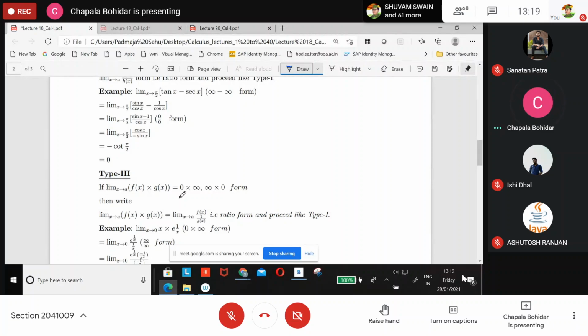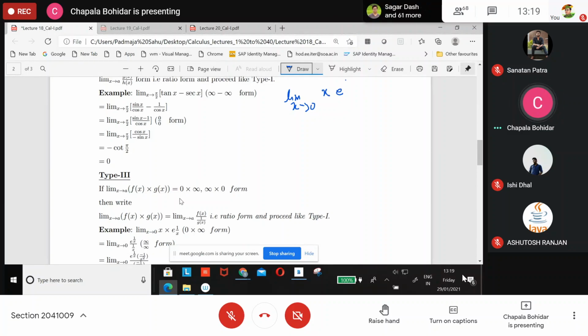Over. Example: limit x tends to 0, x into e to the power 1 by x. So it is in which form? 0 into infinity. Yes, ma'am. Okay.